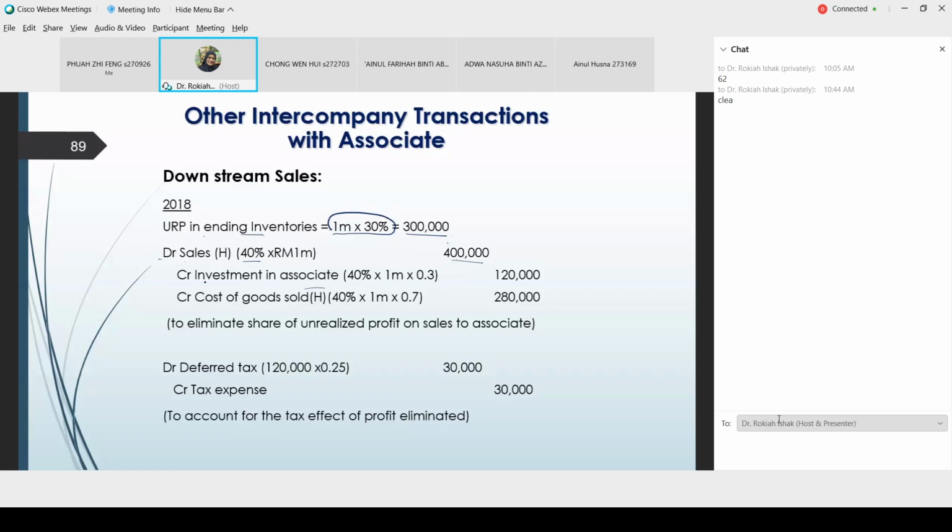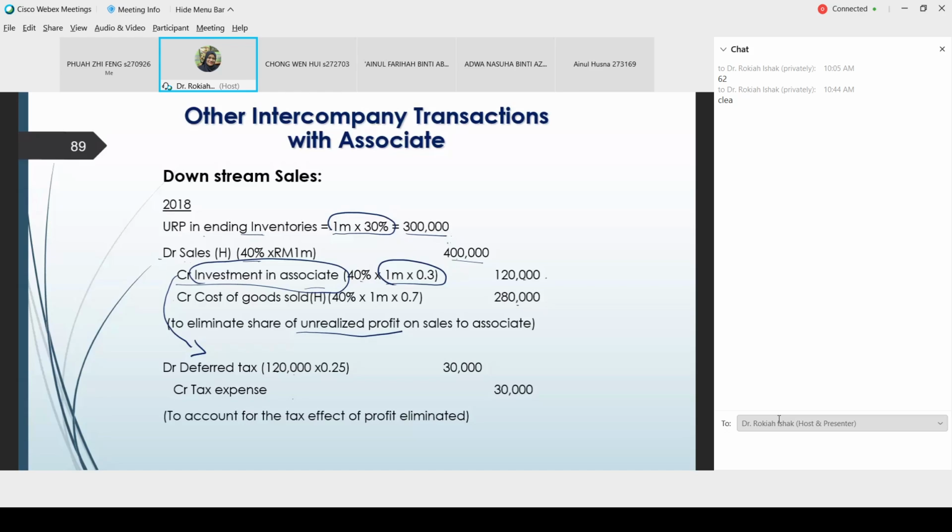Investment in associate, 40% times 300, so you're going to have 120. Cost of goods sold is 280. This is to eliminate the unrealized profit. Since you have the profits, you're going to debit deferred tax from this profit, and then credit tax expense. So that is what we have.